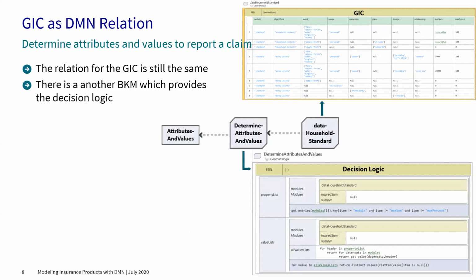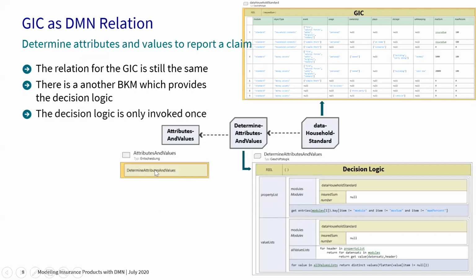We can easily model a second business knowledge model, determine attributes and values, which contains the logic to be applied to the relation. Again, the business knowledge model consists of a context with two context entries, but no context result. And the first context entry determines the attributes, and the second context entry determines the corresponding values of the attribute.